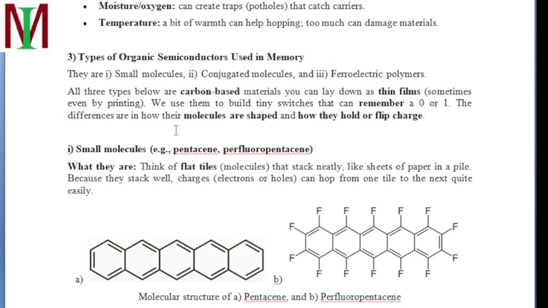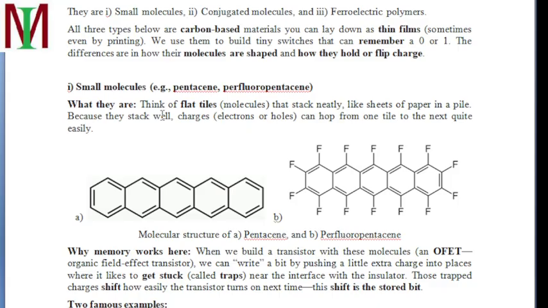Now the third topic, the types of organic semiconductors which are used in this type of memory. There are three types: small molecules, conjugated polymers, and ferroelectric polymers. All three types are carbon based, and the material can be laid down as a thin film, even by printing or just by coating.